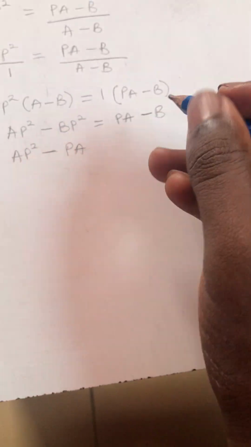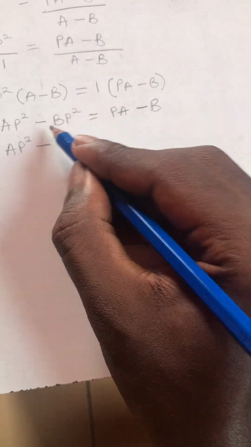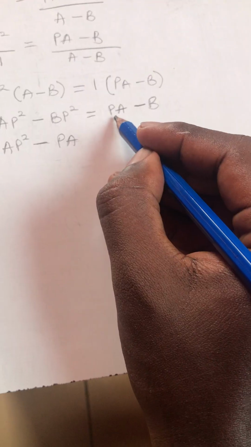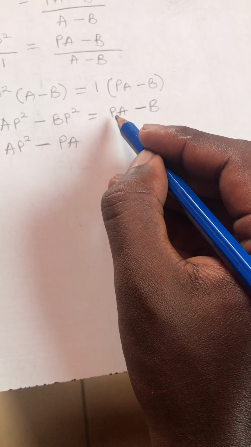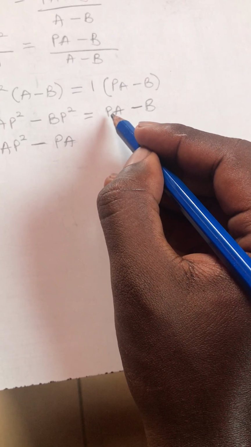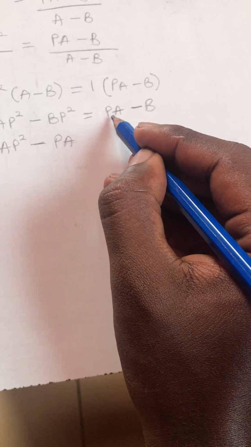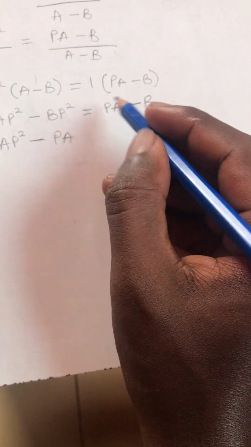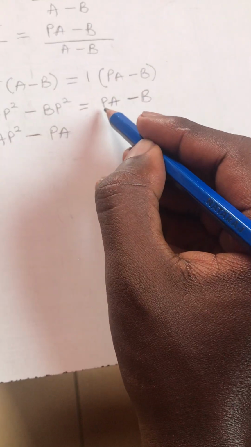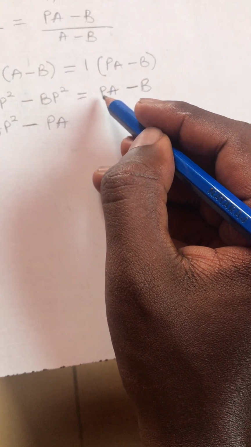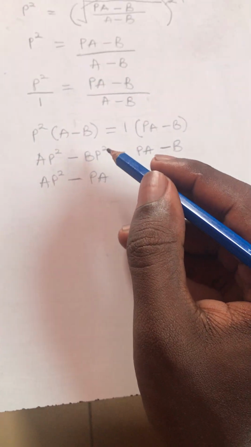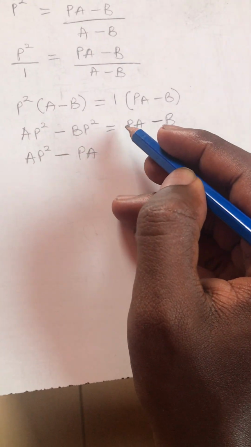Whenever a number in an equation like this crosses the equal to sign, it changes into its inverse form. So if it's a negative value, it will change into a positive number, and if it's a positive number, it will change into a negative number.